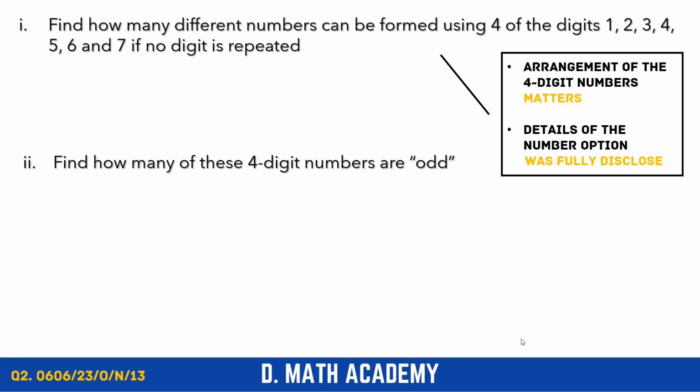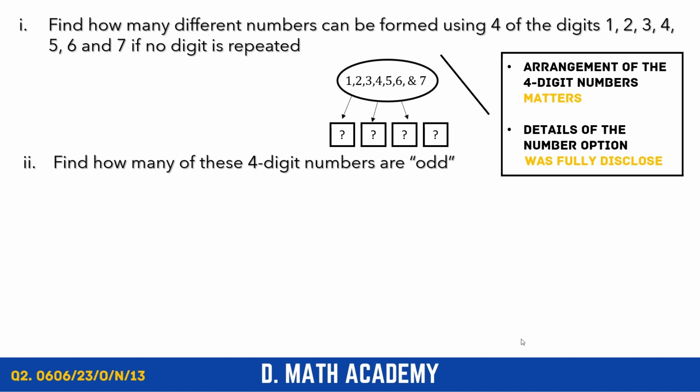So this is an nPr question. For the 7 digits that we have, you only need 4 of them, so 7P4, and your result will be 840.